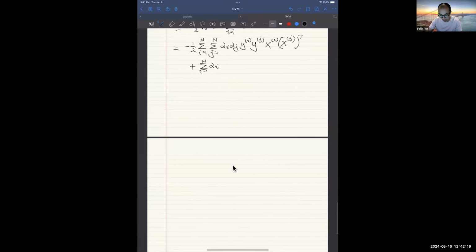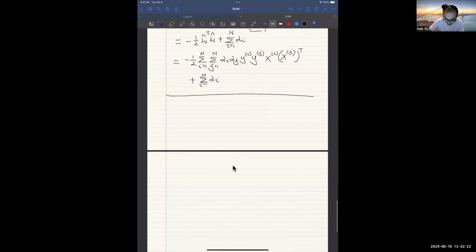So the outer optimization problem becomes that we need to solve for alpha bigger or equal than 0, the summation i from 1 to n of alpha i minus 1 over 2, summation i from 1 to n, summation j from 1 to n, of alpha i, alpha j, yi, yj, x of i, x of j transpose.